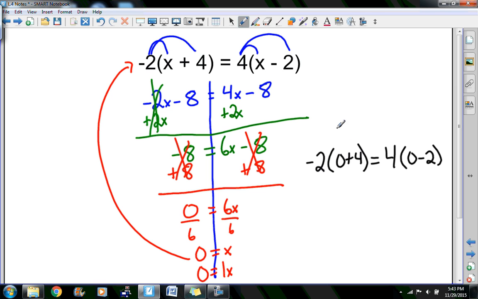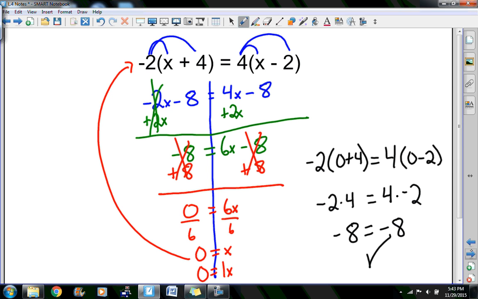Okay, 0 plus 4, well that's positive 4, and on the right side 0 minus 2, well that's negative 2. Negative 2 times 4 is negative 8. 4 times negative 2, that's also negative 8. So my answer of x equals 0 must be correct.